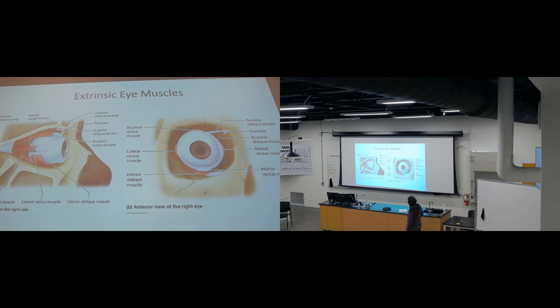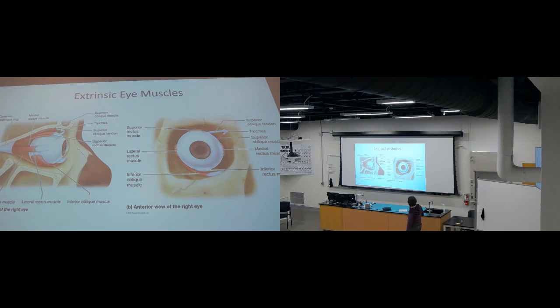So here we have the location of these muscles. So here is the superior rectus, inferior rectus, this one, lateral rectus, medial rectus, and then superior oblique, inferior oblique, and above the superior oblique we have the levator palpebrae superioris. And they all together go and merge their tendons into this tendinous ring.